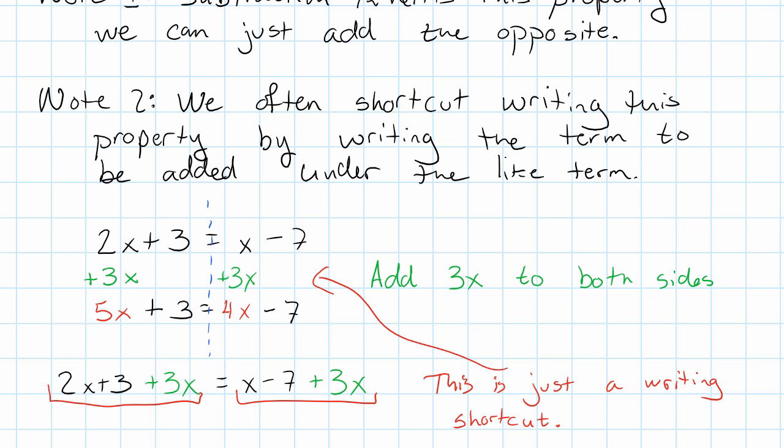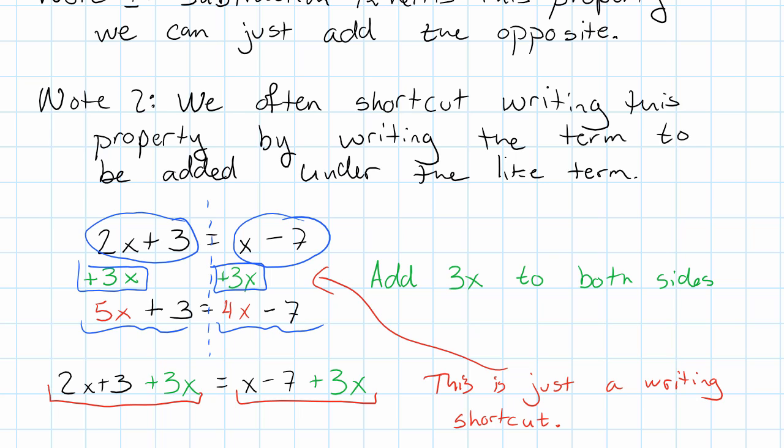The equation says that two expressions are equal. This expression over here and this expression over here. If we proceed to add 3x to each of those expressions, the resulting expressions are still equal. That's what this property is telling us that we can do.